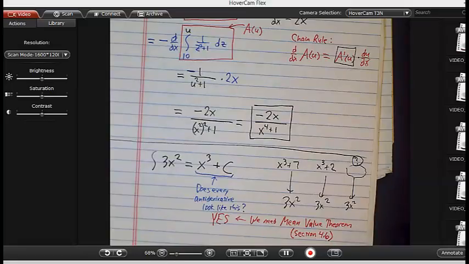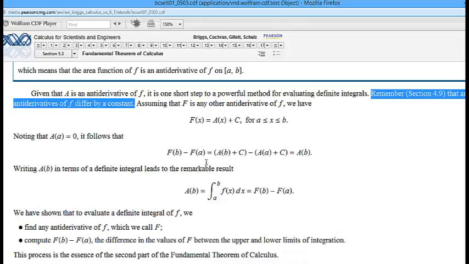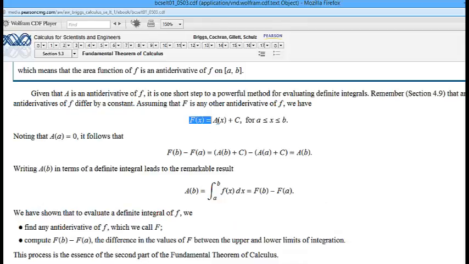So, looking back at the book, once you know that any antiderivative looks like this, A of x plus c. Why'd they use A? That seemed kind of dumb to me. And, oh, I see. Because they're saying this is going to be the area function of b. Right. Now I get it.